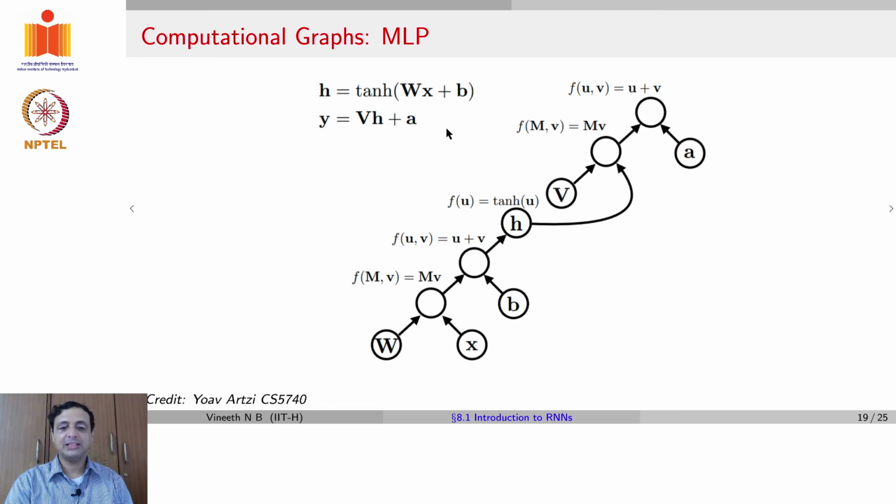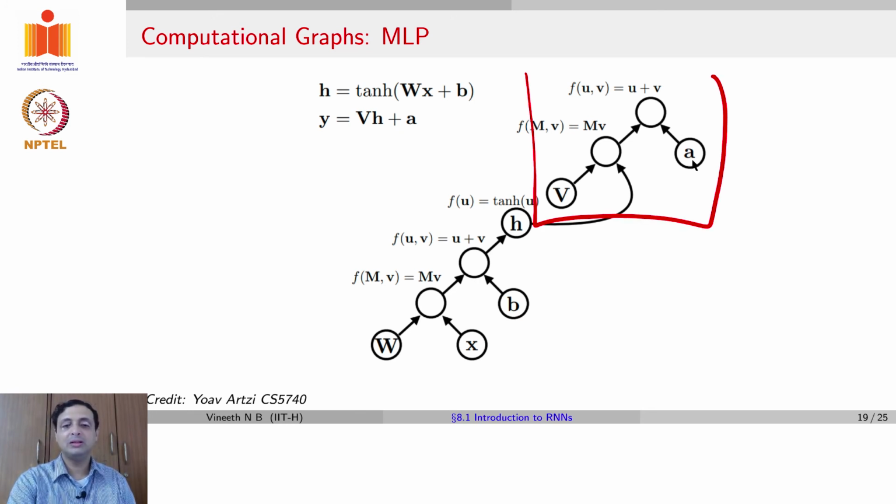Similarly, for the next operation, you can now consider h as the input, V as the other input, a as the other input, and the computational graph at this time would be this set of operations. Obviously, the input to one of the nodes in this computational graph is the h which came as an output from the previous computational graph.